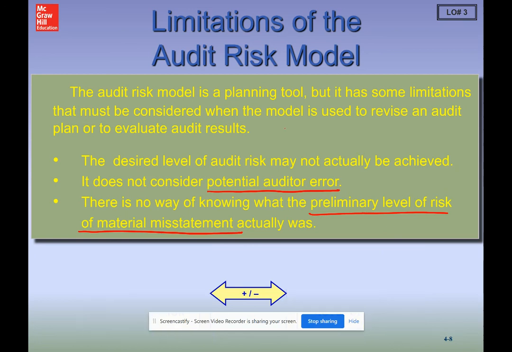Remember, all of this involves judgment. These are all risks that we're assessing, and they involve a level of judgment. It doesn't mean that our judgment is always perfectly correct, and that leads to a limitation of this particular audit risk model.